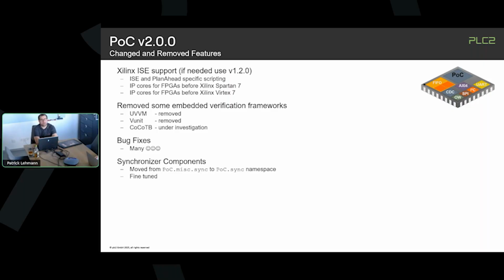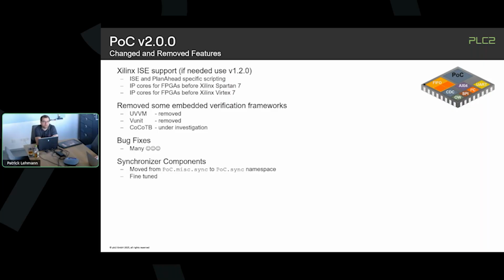The old library integrated lots of different verification frameworks because there was a time when verification frameworks were growing. So we had UVVM, VUnit, and cocotb inside. Every framework itself is now quite big. They are standalone big frameworks. I think there's no fostering needed.